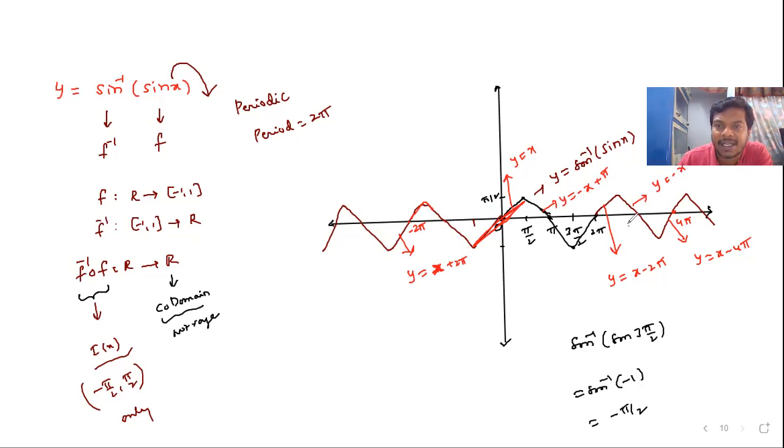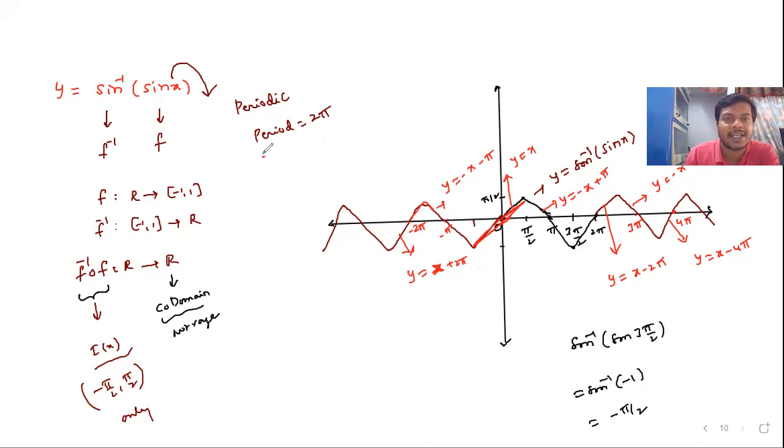Why? Because by writing x value 3 pi, it is minus 3 pi plus 3 pi, which becomes 0. And this one is y equal to minus x minus pi. When you write x value minus pi, minus pi plus pi, minus pi becomes 0. This is about the graph of sine inverse of sine x.